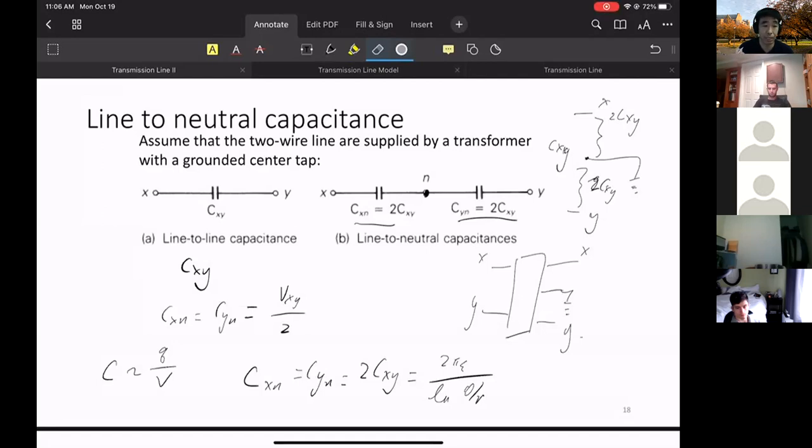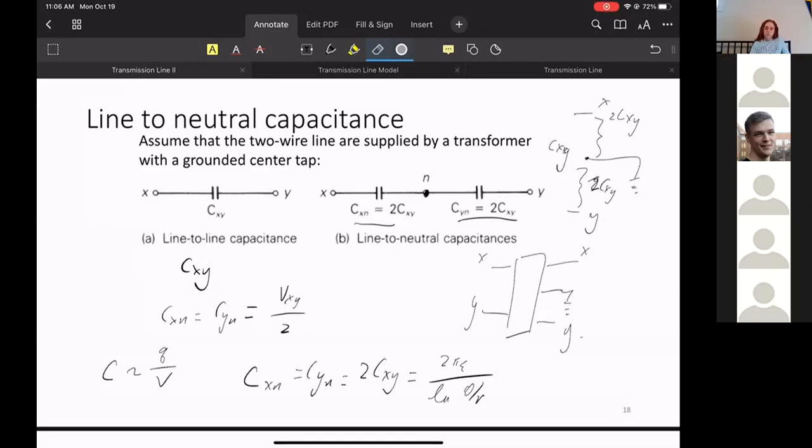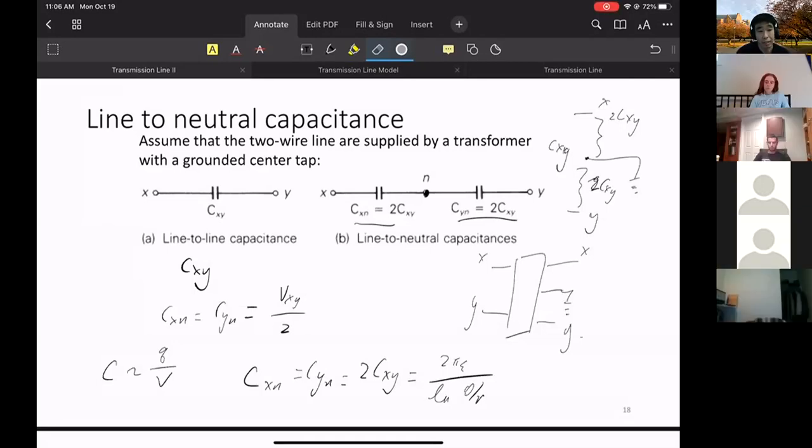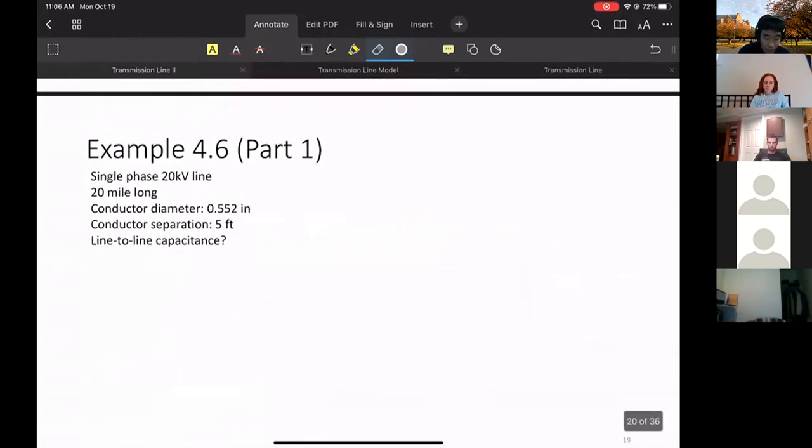Buildings normally have this grounded center tap. So if any of you ever build a house or do some electrical work at home, you'll see this kind of tap.